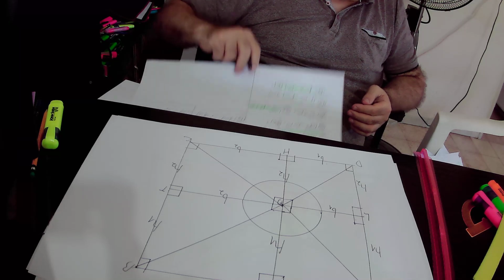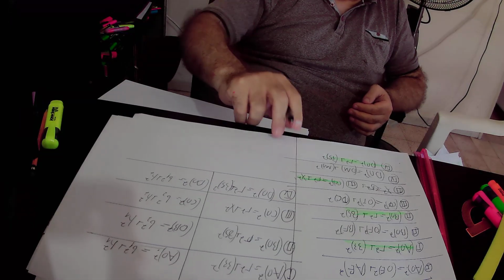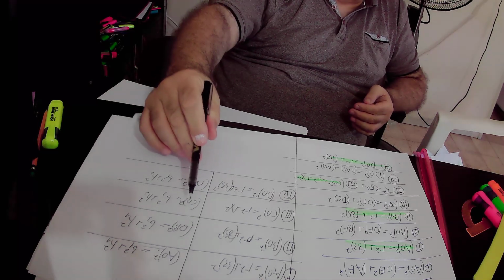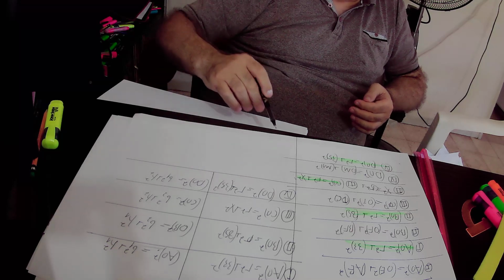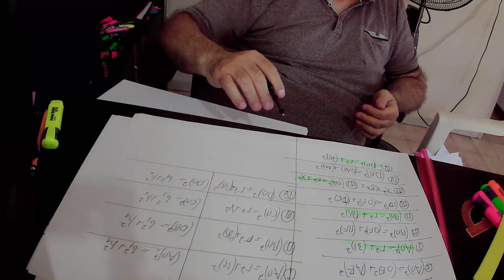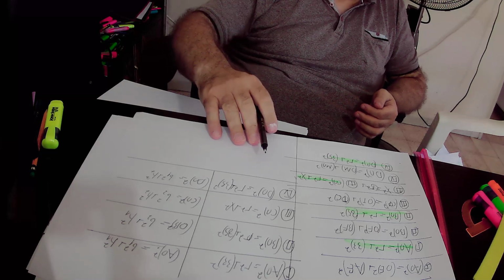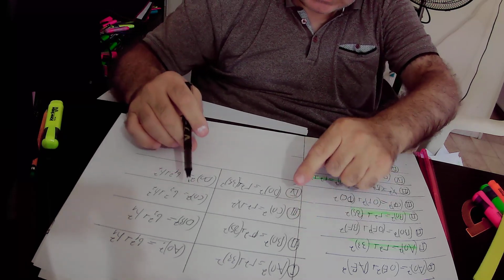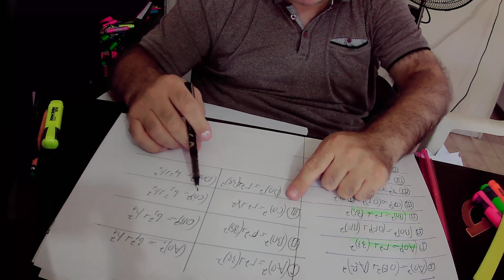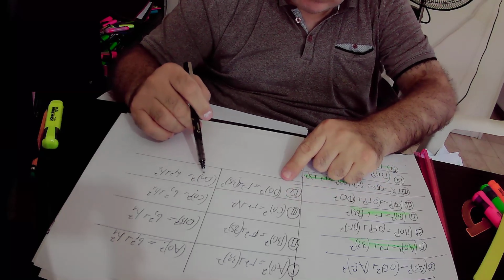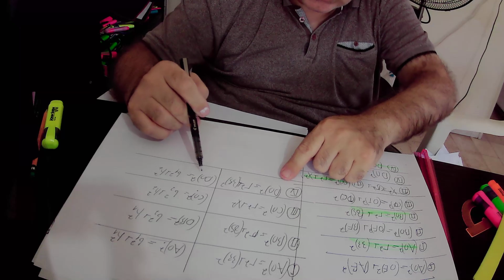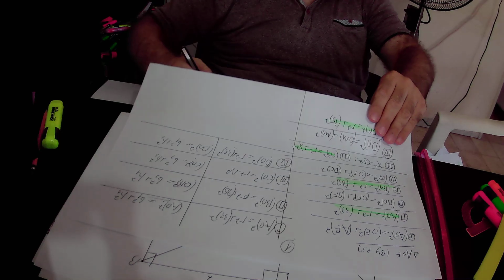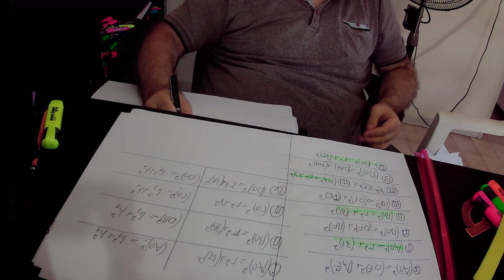Okay, so here we created 4 more formulas for AO square, BO square, CO square, and DO square. So we have 2 different expressions for AO square, 2 different expressions for BO square, 2 different expressions for CO square, and finally 2 different expressions for DO square. In the next step, we create another 4 formulas.